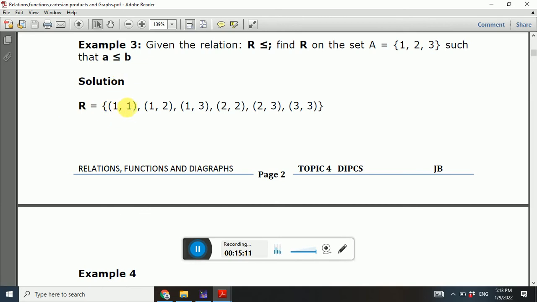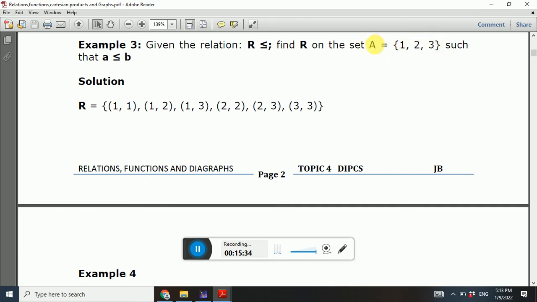You can see that 1 is equal to 1, so it satisfies because we have equality here. Then 1 is less than 2, so it satisfies the condition that A is less than or equal to B. So either the elements in this particular example are equal or the first one is less than the second one. Where do we get this R?